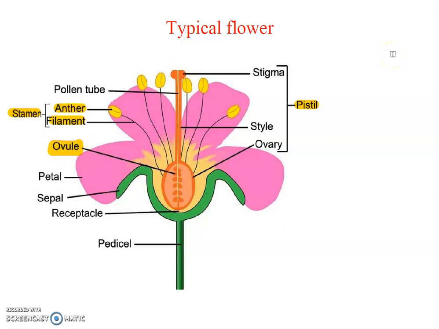So this flower is called a bisexual flower because in this flower there are male and female organs present. Generally, more than 90% of plants produce bisexual flowers. In the same flower there are male and female organs present.